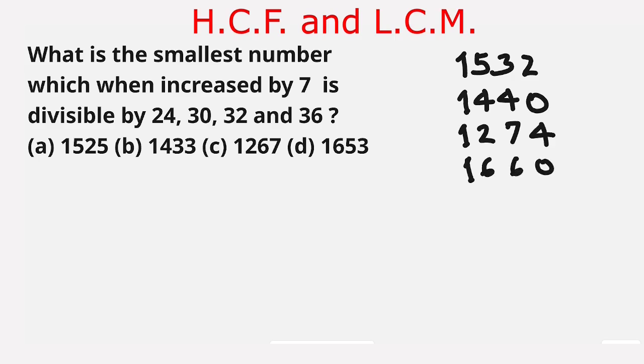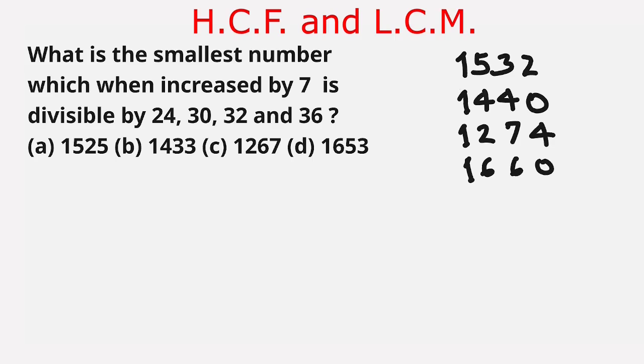And if we add the digits, 1 plus 6 is 7, 7 plus 6 is 13, and 13 is not divisible by 9. So option D cannot be our answer. It means that option B must be our answer. I hope you have understood the method for solving from the options.